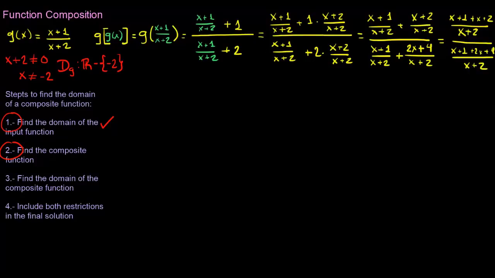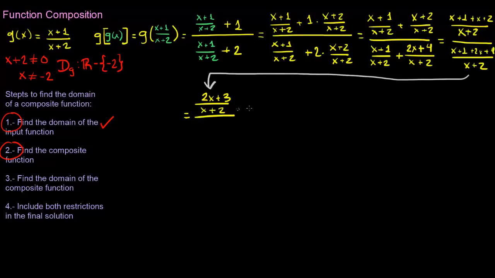Now here I'm running out of space, so I'm going to continue in here. Now let's see, we get to this statement: 2 times x plus 3 over x plus 2 over 3 times x plus 5 over x plus 2. Now, in order to get along here, we can simplify things.